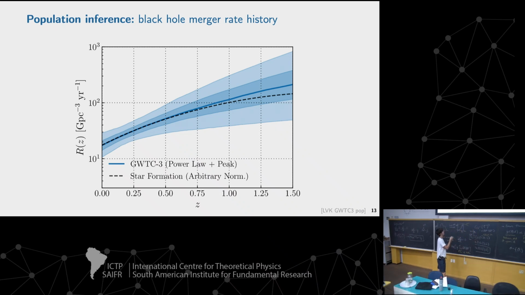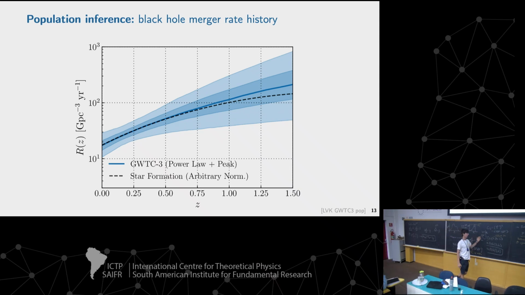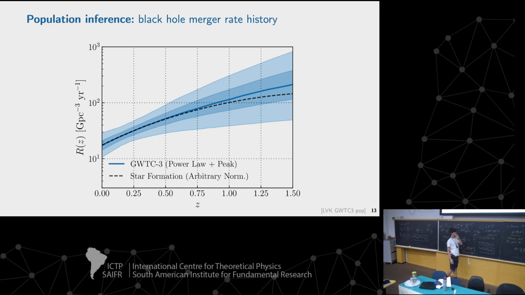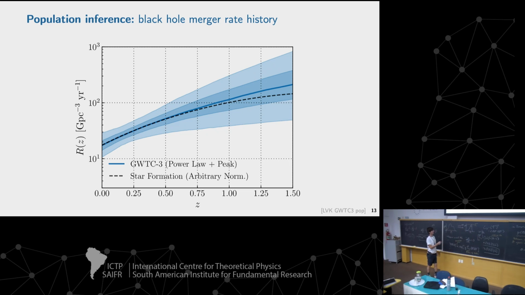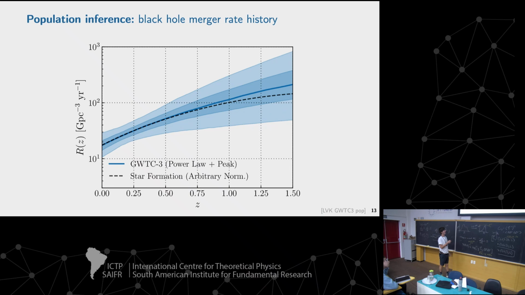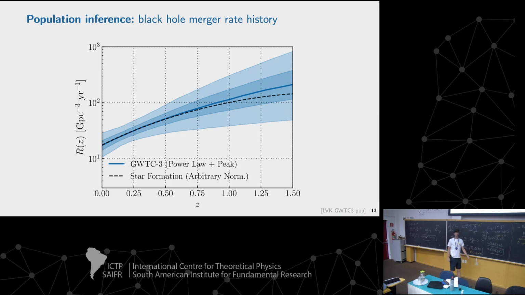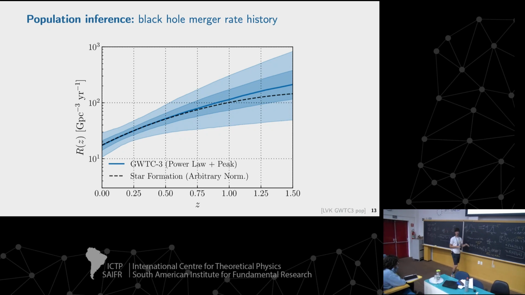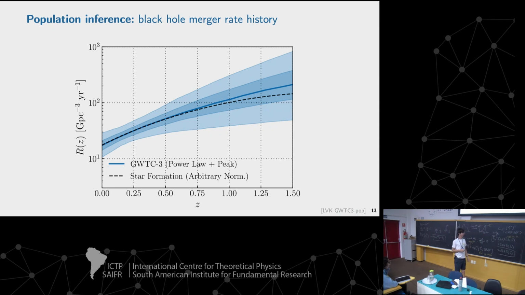This merger rate has a slope which increases, which is consistent with the picture that I was telling you of these black holes following something similar to the star formation rate. Actually, the star formation rate curve, curiously enough, fits the median very well, but you shouldn't read too much into that.